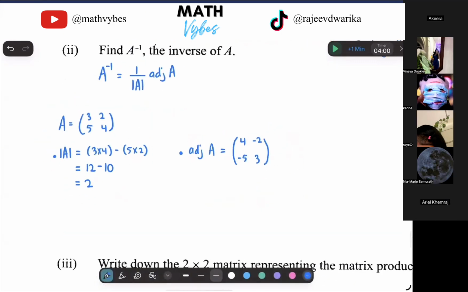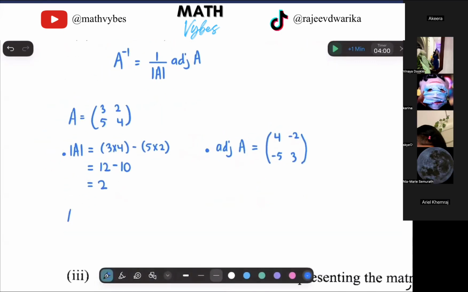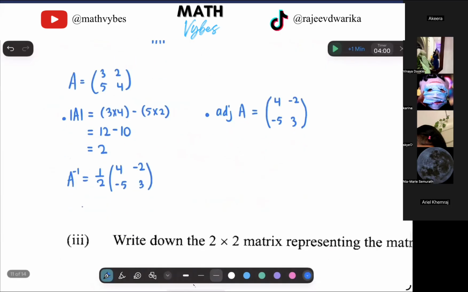Cool. Now let's just combine everything together to find A inverse. So A inverse is going to be 1 over 2 multiplied by the adjoint, which is 4, minus 2, minus 5 and 3. Now to complete this answer, you should multiply all the elements by a half on the inside. So Akira, what is a half by 4? 4 over 2. Right? What is a half by minus 2? Minus 2 over 2.